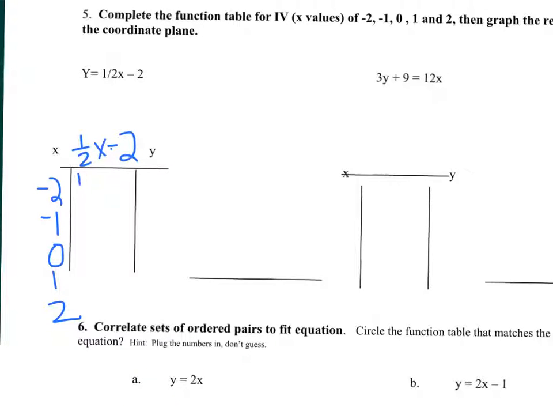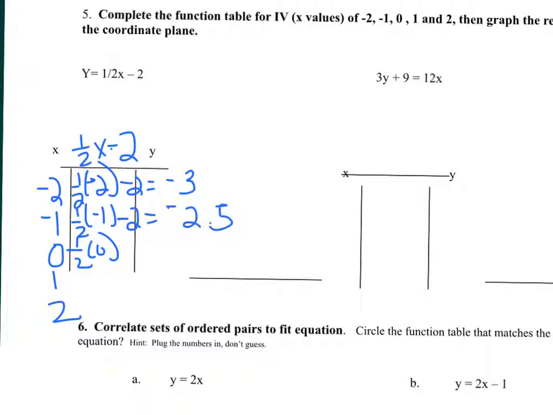So when we evaluate 1/2 times -2, we get -1, minus 2, so my y value would be -3. 1/2 times -1 minus 2 is -1/2 minus 2, which would be -2.5. 1/2 times 0 is 0, minus 2 is just -2. 1/2 times 1 minus 2 is going to equal -1 and 1/2.